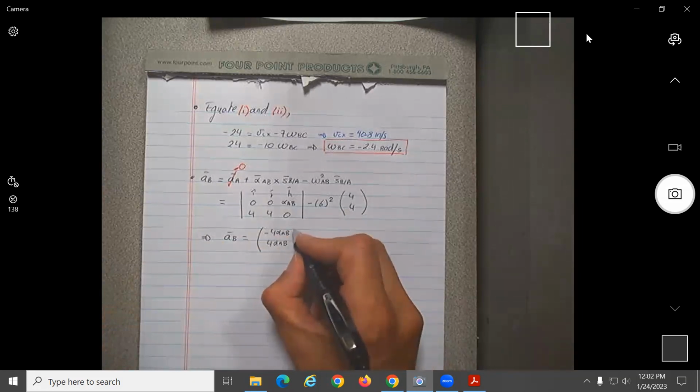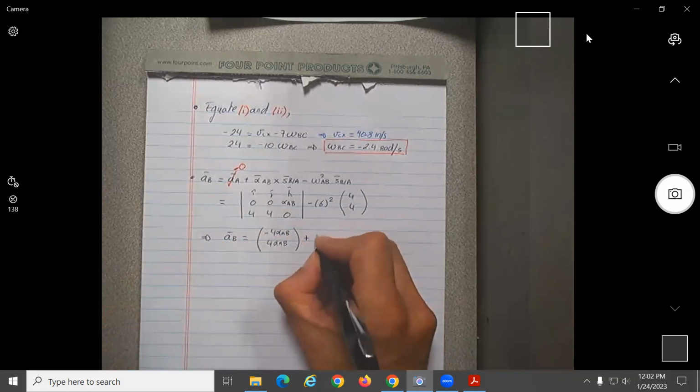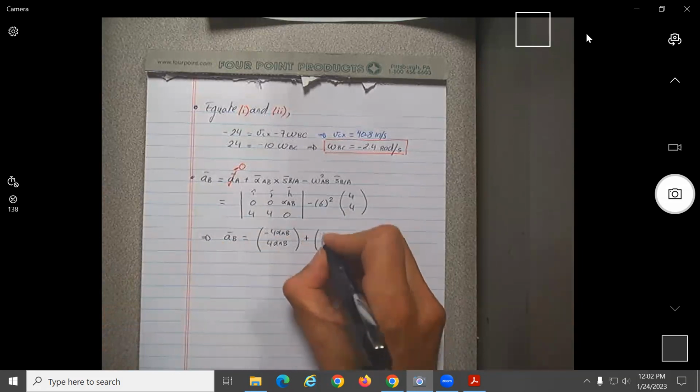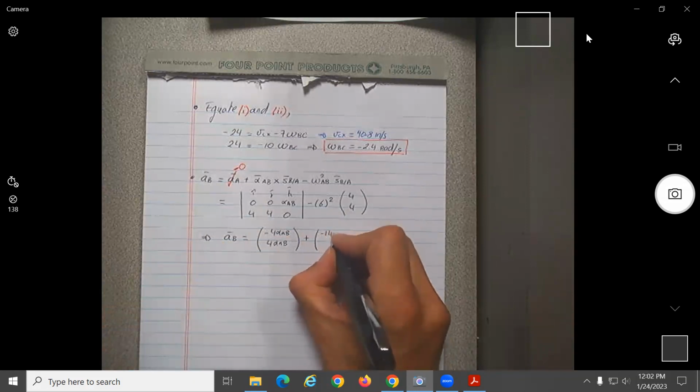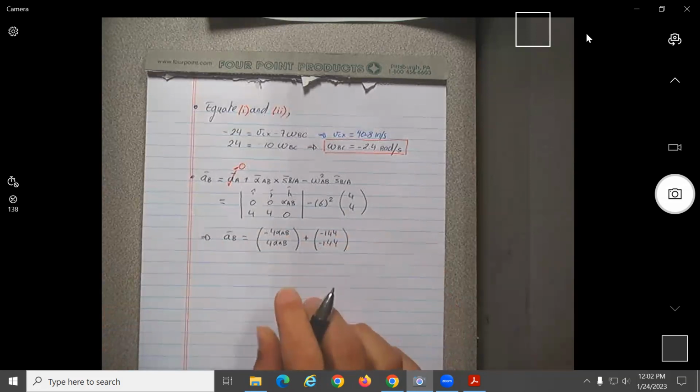And the second one would be what? Plus, okay, what is 36 times 4? It would be 112, no, 144. So minus 144. Yes, it's 120 plus 24 minus 144.